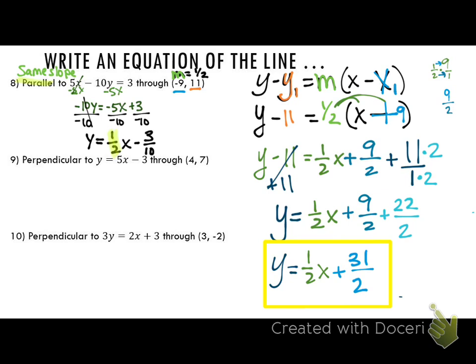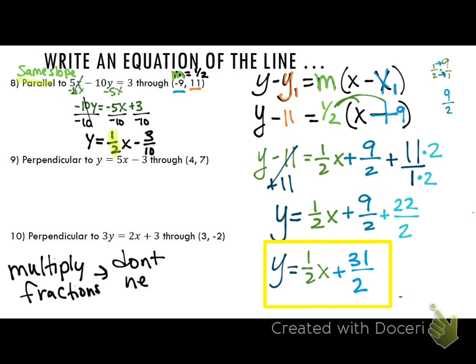So, to recap. If you want to write a note, maybe you want to write it on the back. When you multiply fractions, do you need like denominators? No. You can write don't need like denominators.